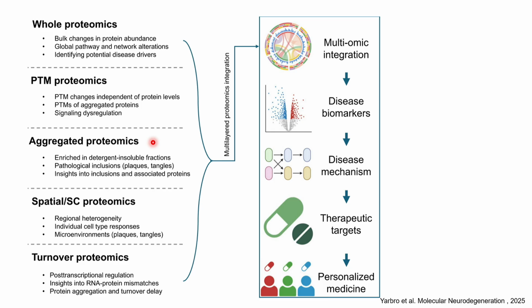Serine. Threonine. And the least abundant but most important? Yes, tyrosine. And these days they have discovered that histidine also gets phosphorylated.